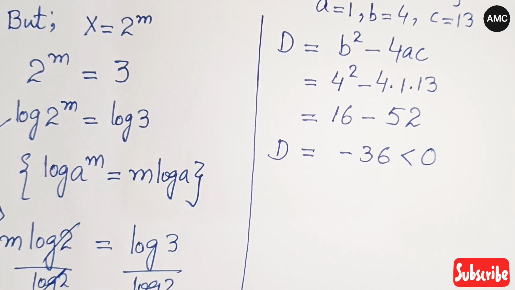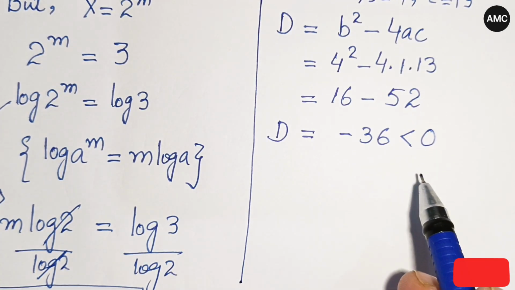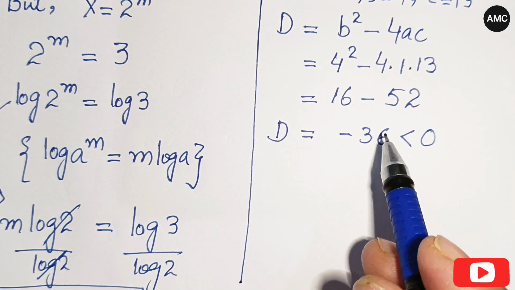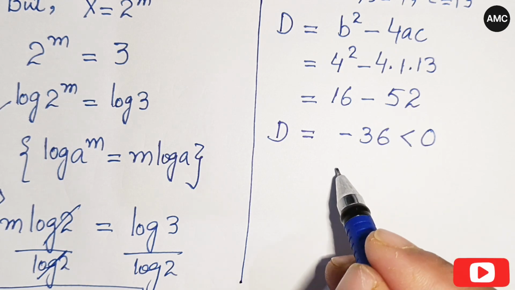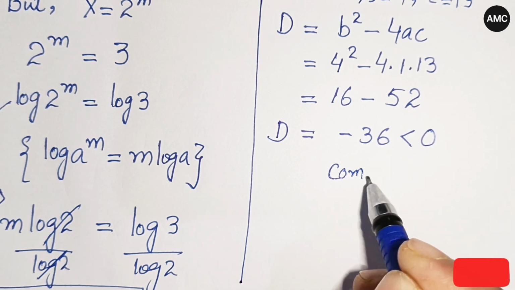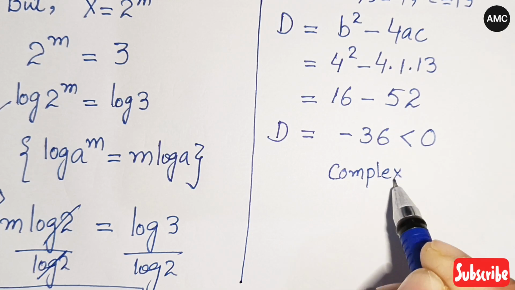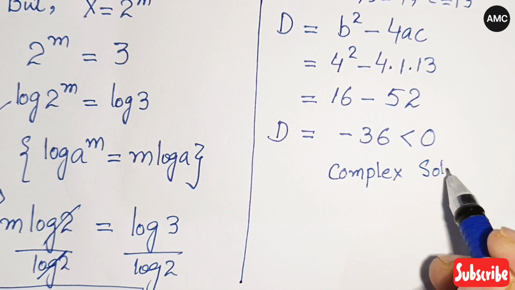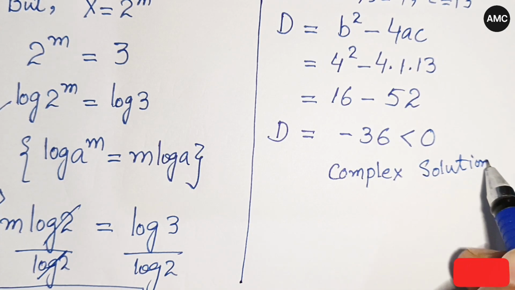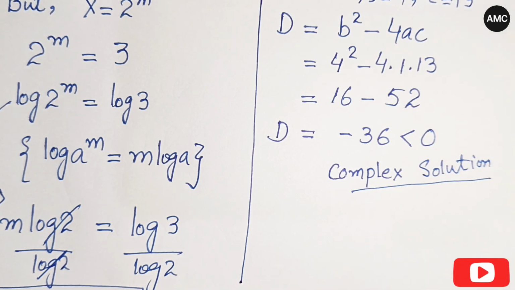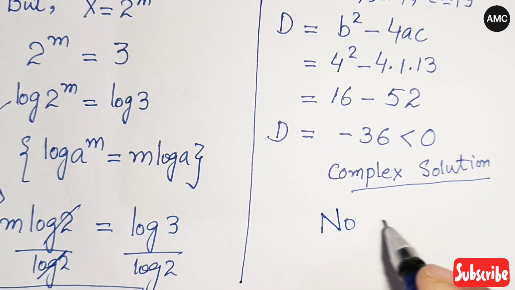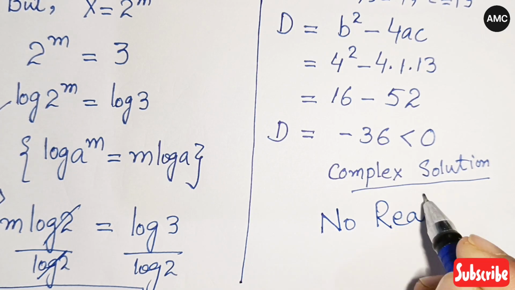If the determinant is less than 0, then the solution of this equation will be a complex solution, and in the given problem we wrote down that m belongs to real numbers, so there is no real solution.